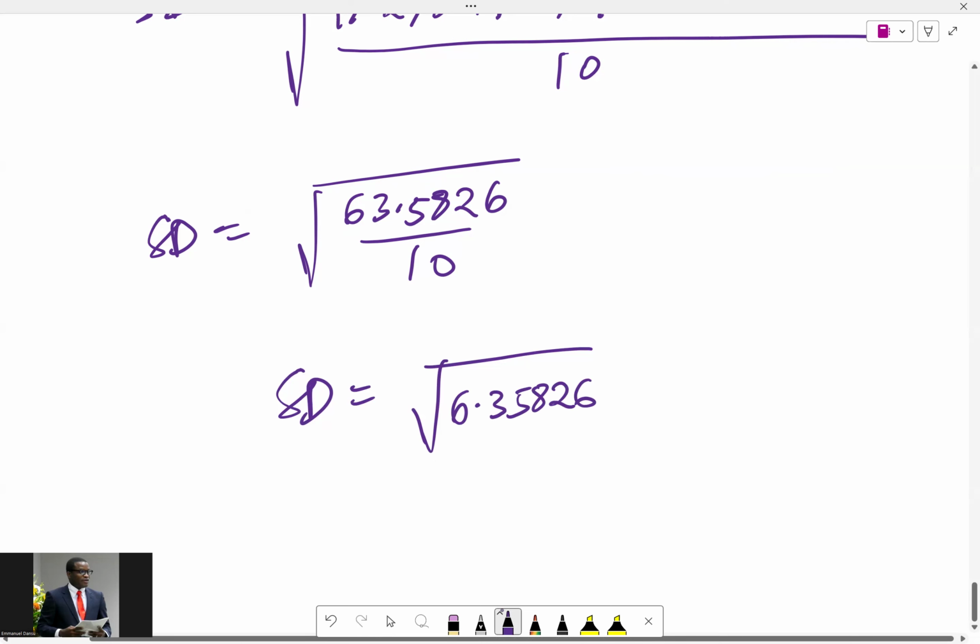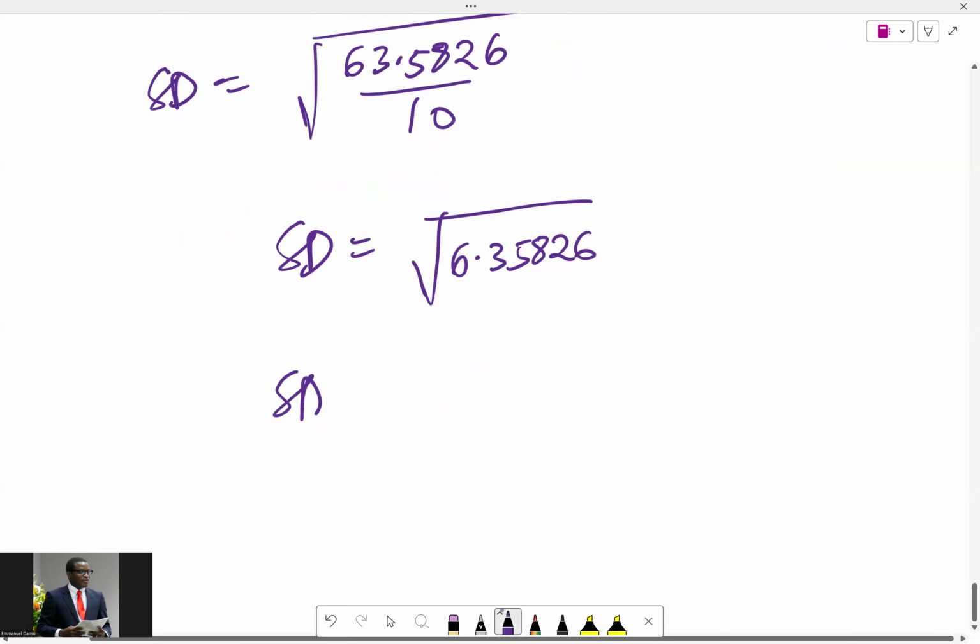So let's take the square root of 6.35826. And that means that the standard deviation is 2.52.